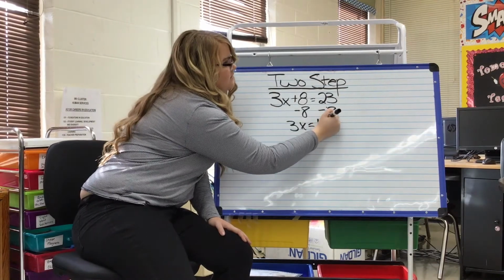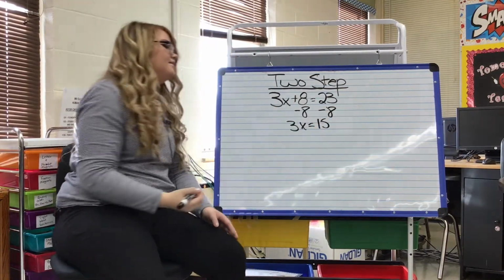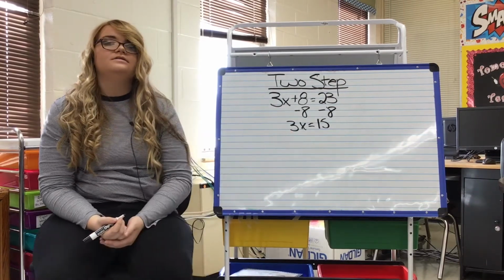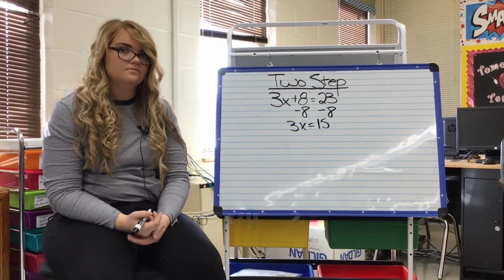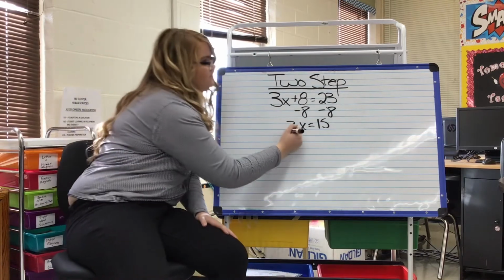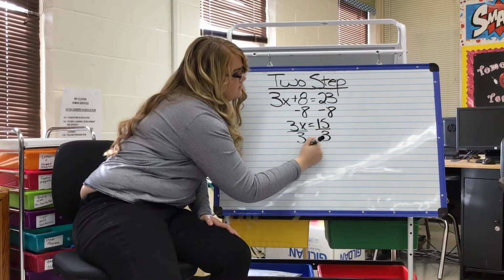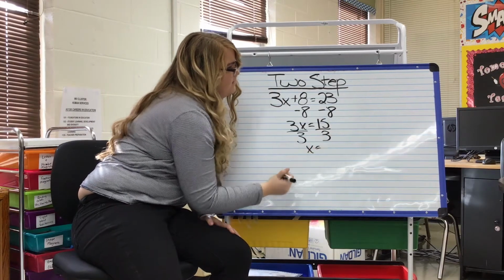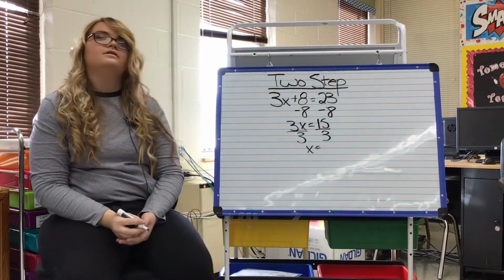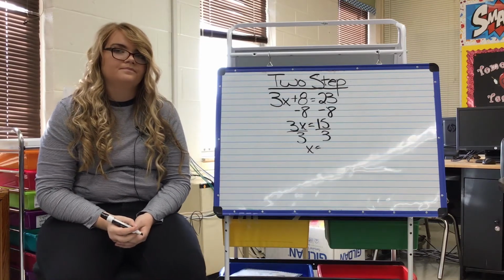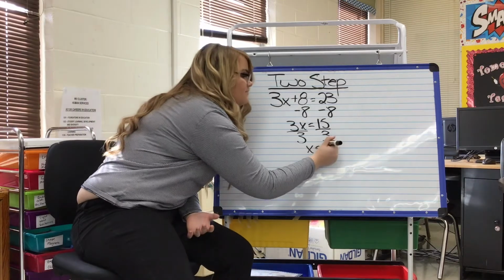It's 15. So now, back to one step again. The opposite of multiplication is division. So we're going to do this to both sides. So now we're left with 15 divided by 3. And what's that? The answer is 5.